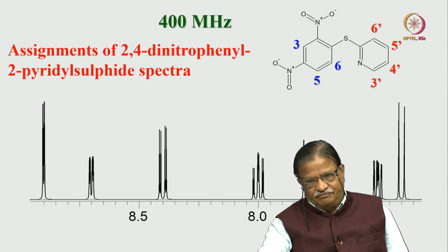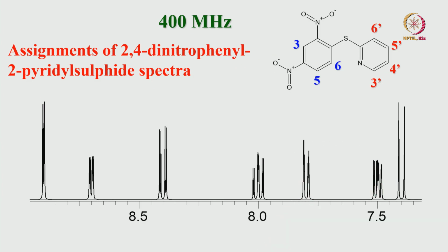So with this idea, how a spectrum will come for a phenyl group, let us analyze the spectrum of this simple molecule. See, this molecule is a little bigger. We have 7 chemically inequivalent protons, 4 of them situated in this phenyl ring and 3 in this phenyl ring. If you start looking at it with the idea I have already given you, you have to look at the phenyl ring which experiences ortho coupling, meta coupling, para coupling, etc.